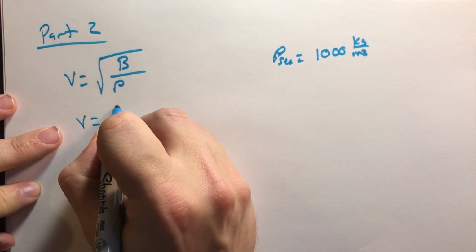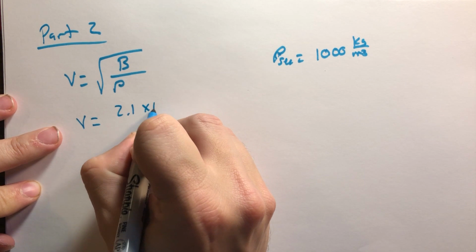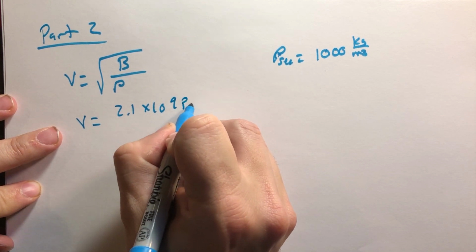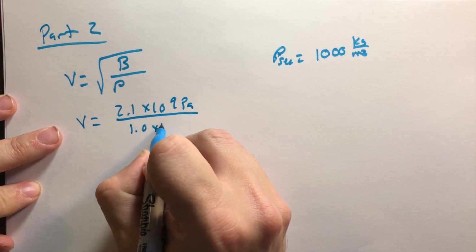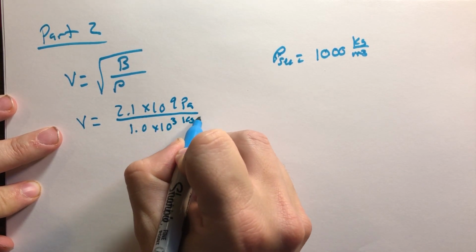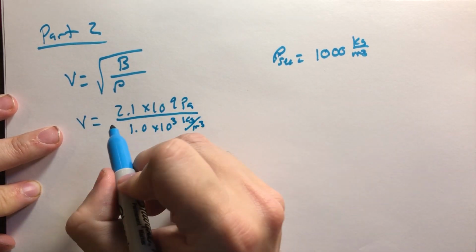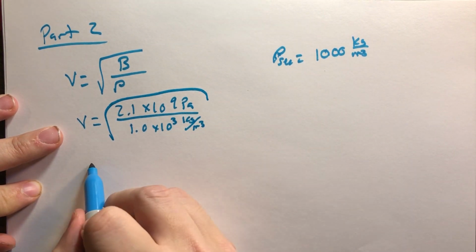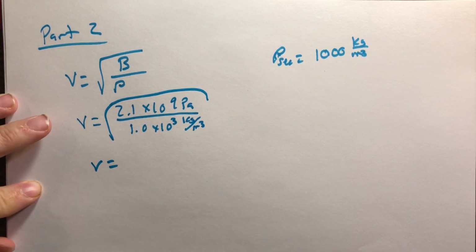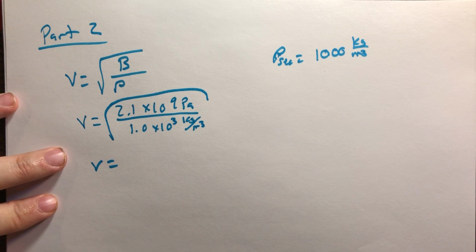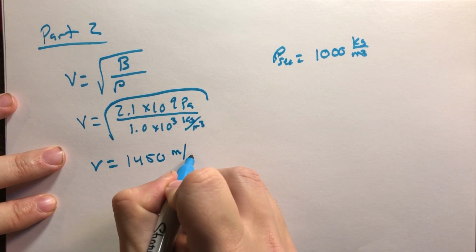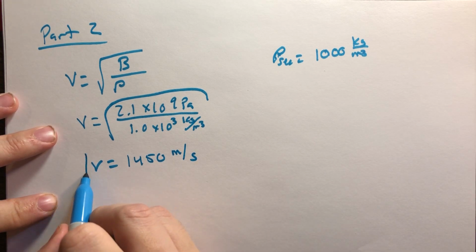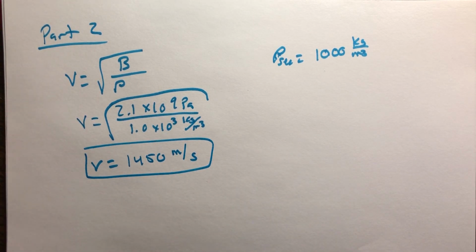So that's 2.1 times 10 to the 9th pascals over 1.0 times 10 to the third kilograms per meter cubed. We're going to take the square root of that whole thing. Gives us a velocity, if you plug that into a calculator, of 1,450 meters per second. So that's the velocity in seawater.